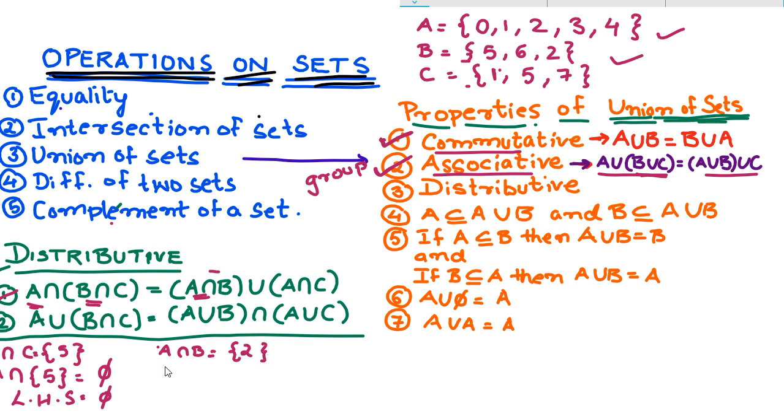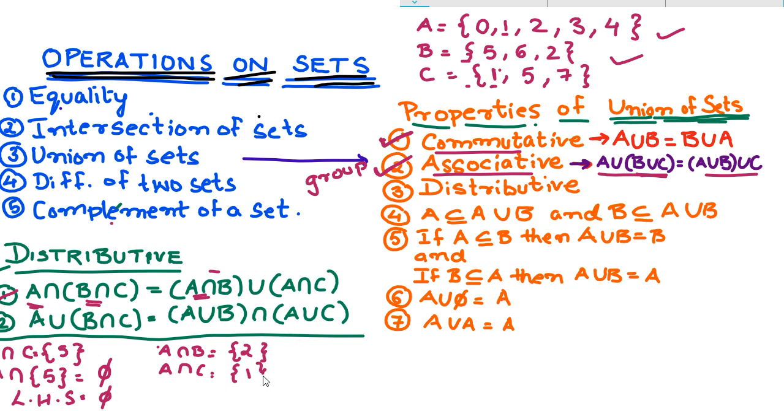Now we have another, A intersection C. What is the common element in A intersection C? So A intersection C has 1 as the common element, which is the point of intersection for both these.